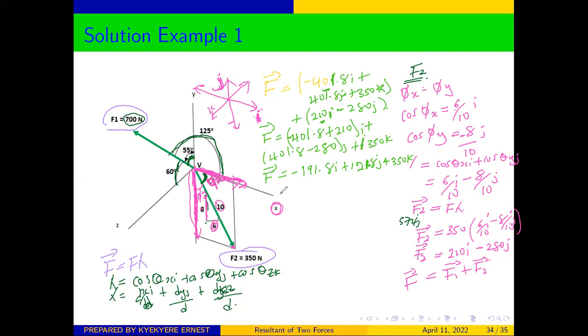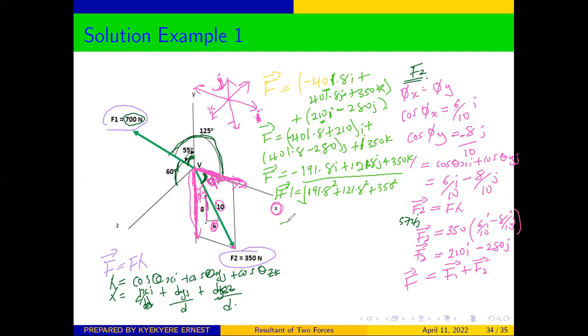because don't forget that the question asks us to find the magnitude of the force and the direction of the force. So the magnitude of our force resultant will be equal to square root of whatever is here square, which is 191.8 squared plus 121.8 squared plus 350 squared.